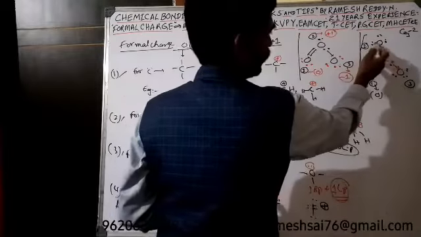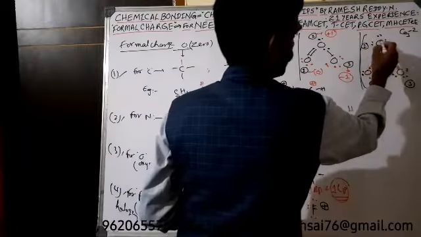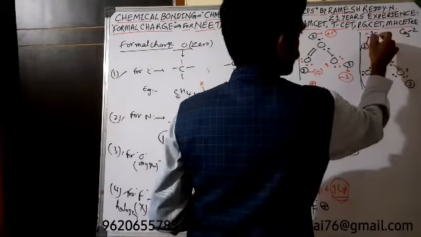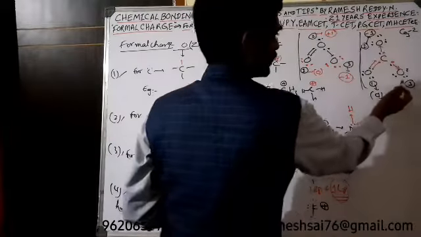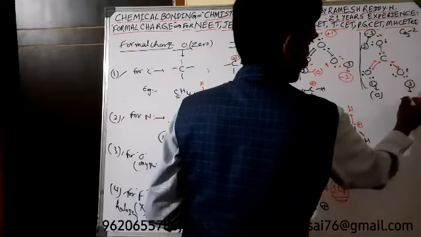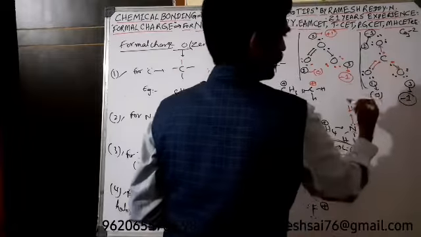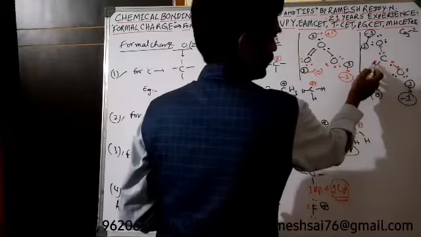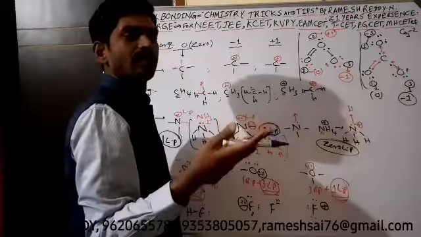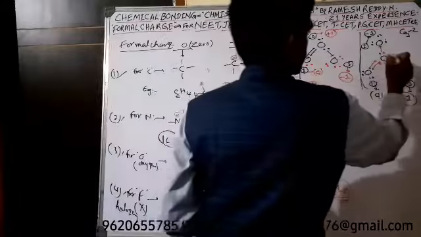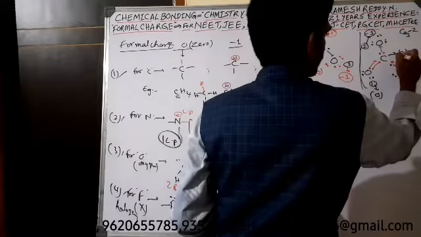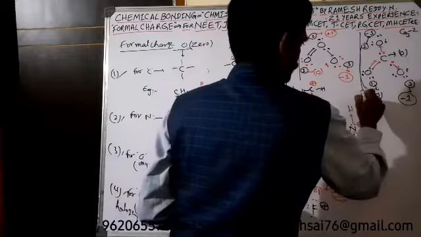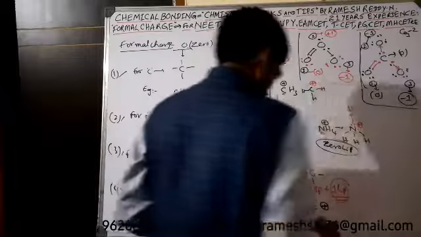Second oxygen, 3 lone pairs are there, so the second oxygen atom's formal charge is -1. And the third oxygen atom, 3 lone pairs, so -1. Carbon utilizes all its lone electrons. Carbon has no lone pair, which means it is 0.